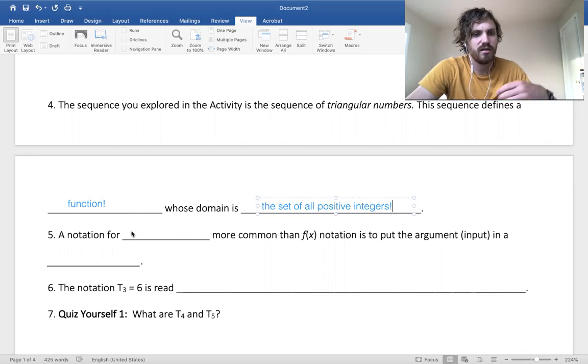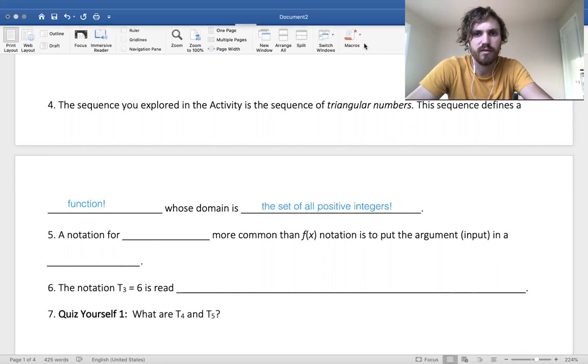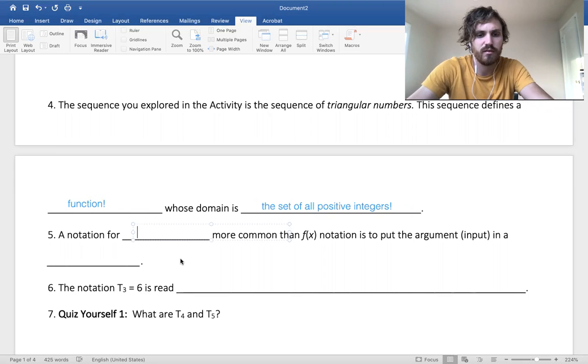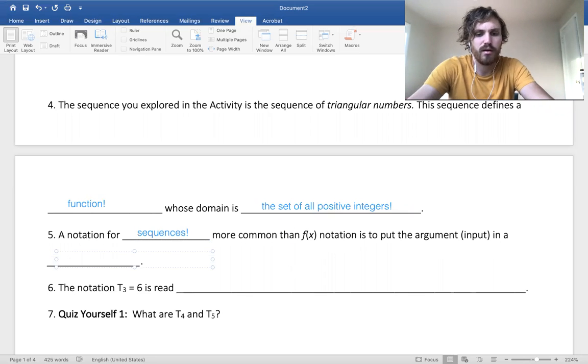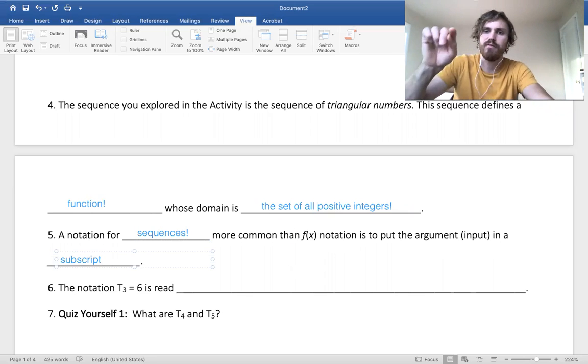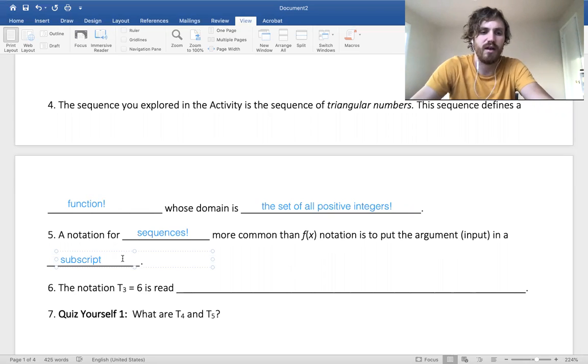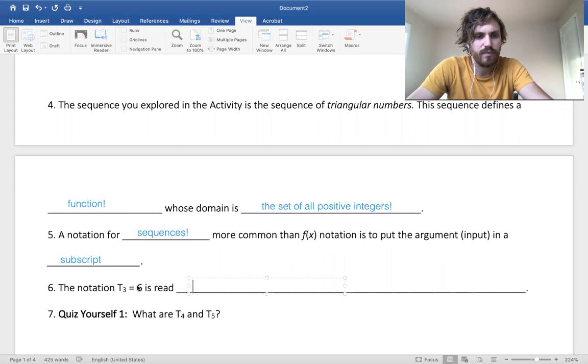A notation for sequences, more common than f of x notation or function notation, is to put the argument, which is the same thing as the input, in a subscript. So instead of raising it up, we lower it down. So the notation t sub 3 equals 6 is read t sub 3 equals 6.